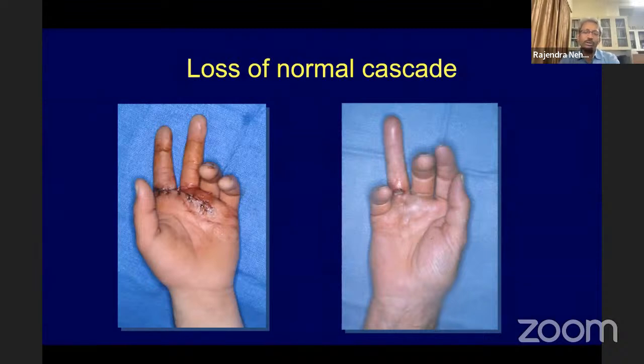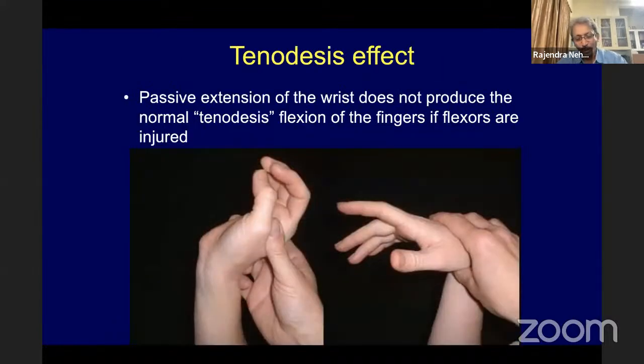We get patients who are already sutured outside and come after 10 or 12 days with a loss of cascade. At that time, if you find any finger which is going out of cascade, it has a flexor tendon injury, if the injury is on the palmar aspect of the finger or the hand.